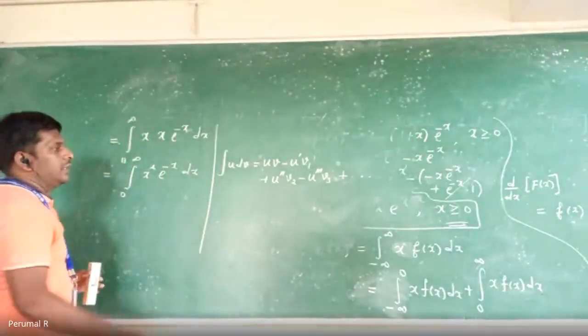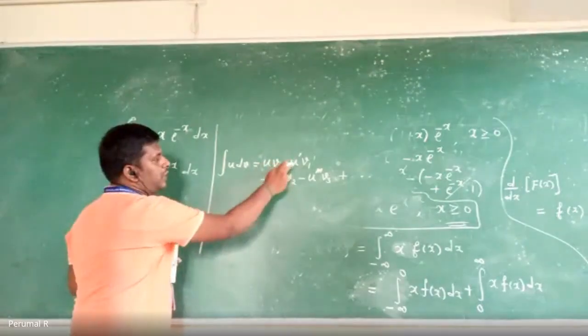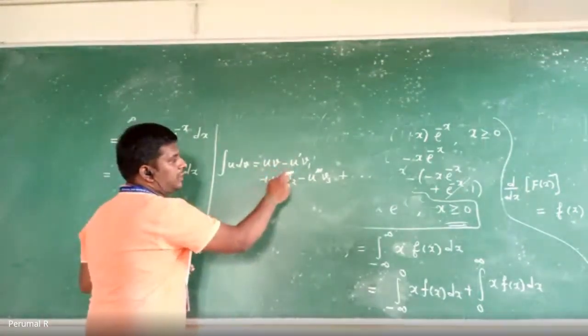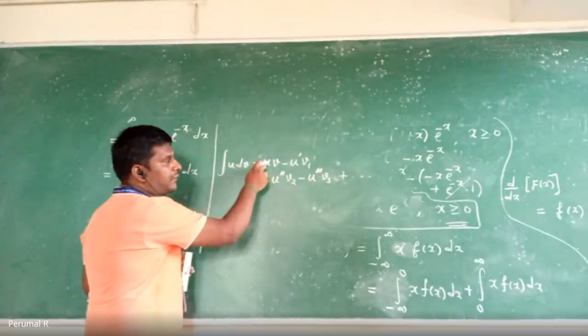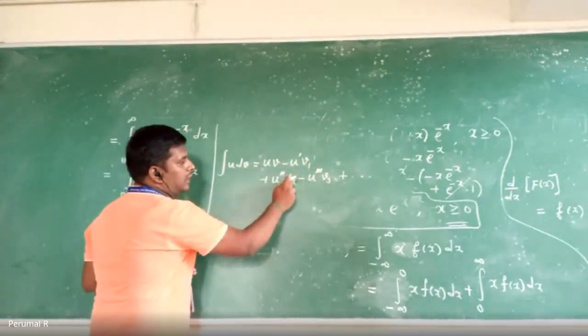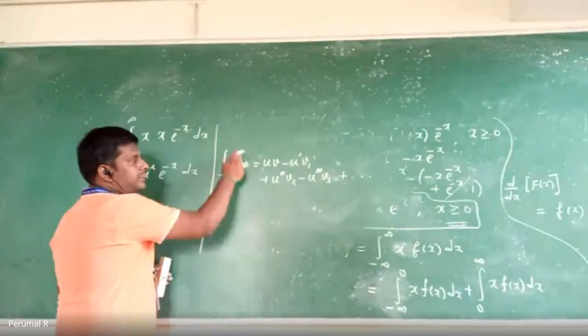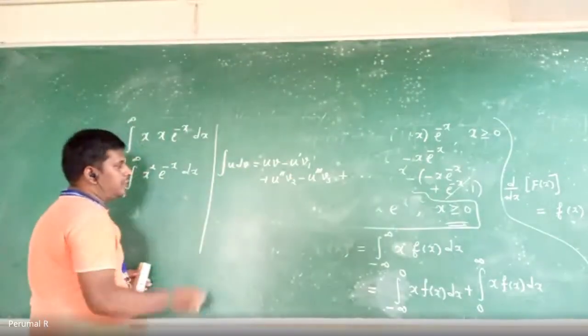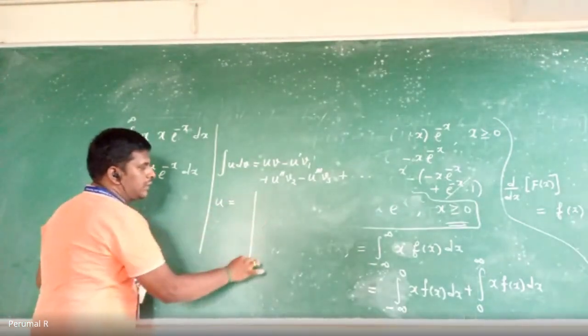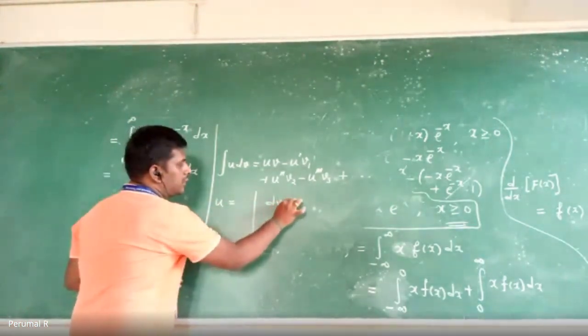Here U dash, U double dash, U triple dash are the successive differentiation of U, and V1, V2, V3 are the successive integration of dV. So we first need to fix U, then fix dV.